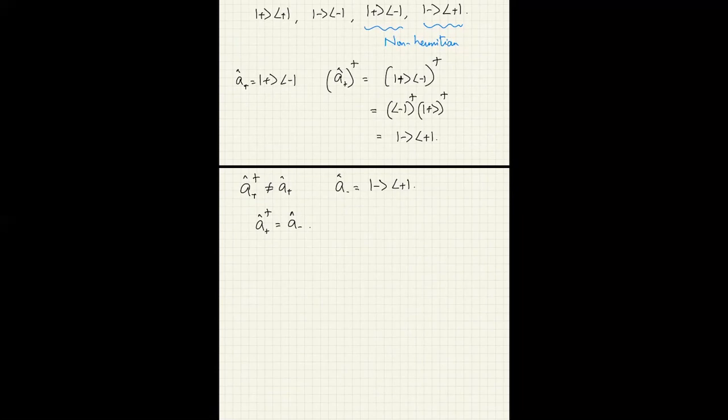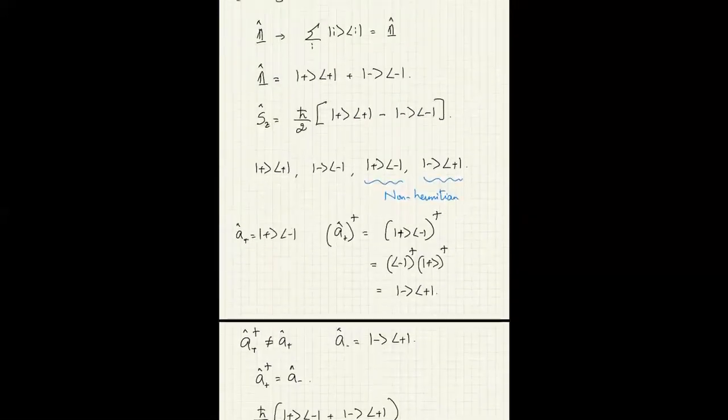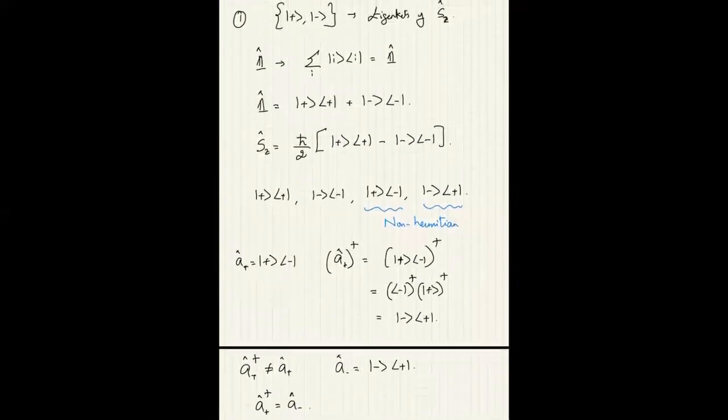Well, let us construct the symmetric combination |+><-| + |-><+|, and I'll multiply this by h bar over 2. The reason I'll multiply this by h bar over 2 is the same reason I've multiplied Sz by h bar over 2, because for spin half, the spins are measured in units of h bar over 2.